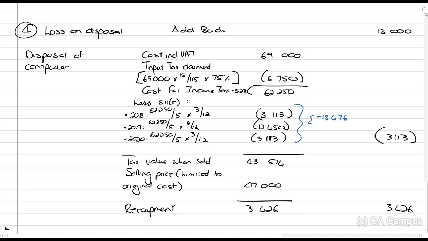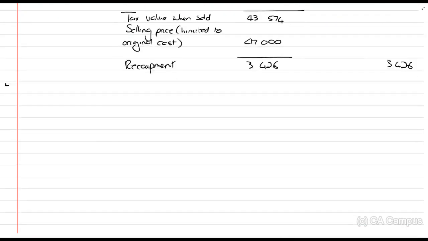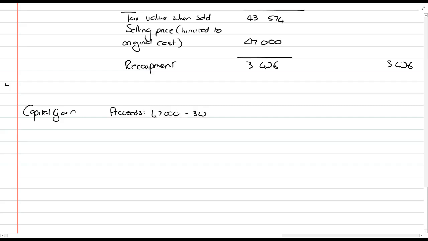Wait, sorry. So our capital gain is the proceeds, 47,000 minus the recoupment, 3,426, gives us 43,574. The base cost is the cost.